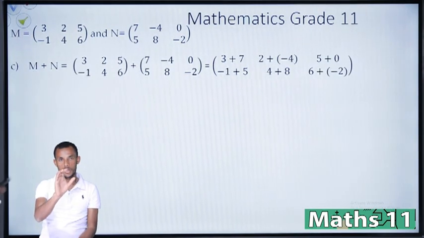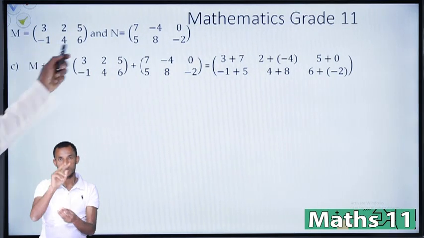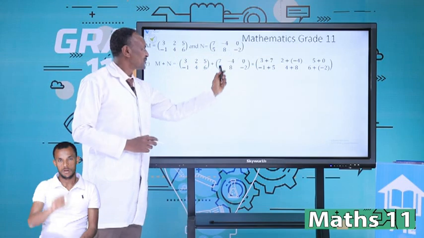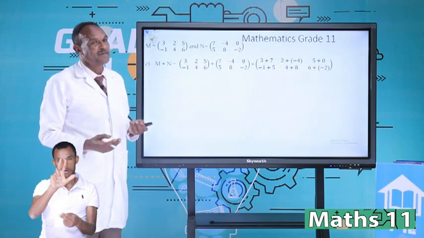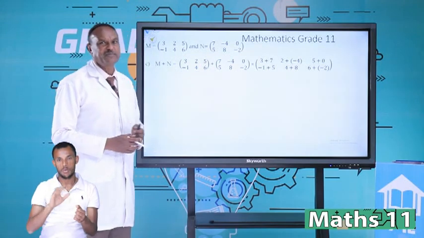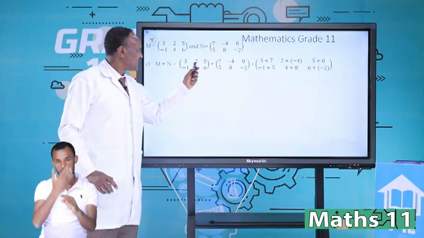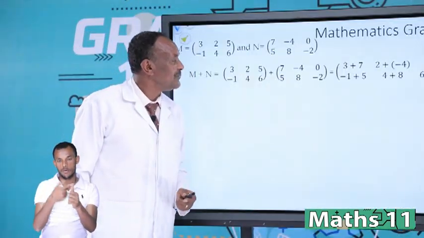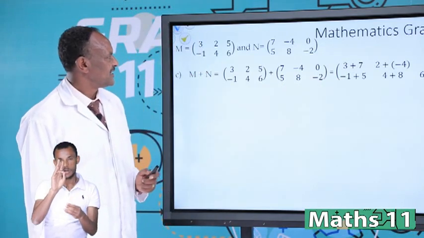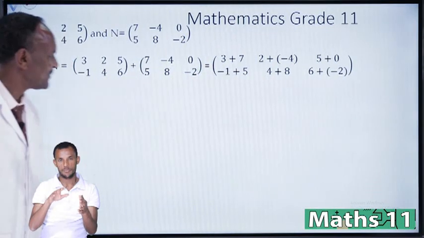See, what is the sum of the two? M and N, we have 2 by 3, 2 by 3, and the sum is also 2 by 3. They have the same order, so we can add them up as we have discussed before. Add the first row with the first row elements of the second one: 3 plus 7, 2 plus -4, 5 plus 0.